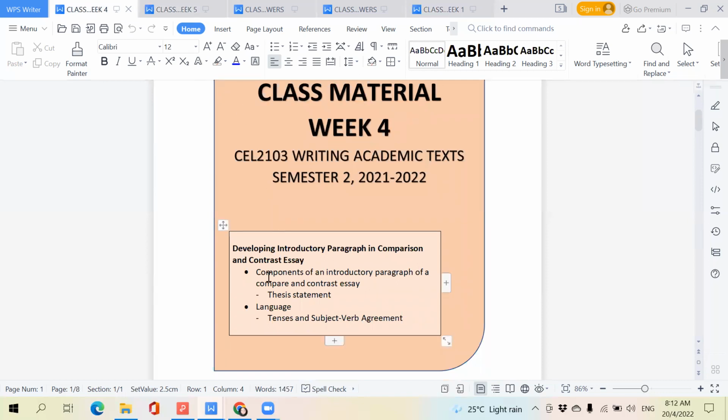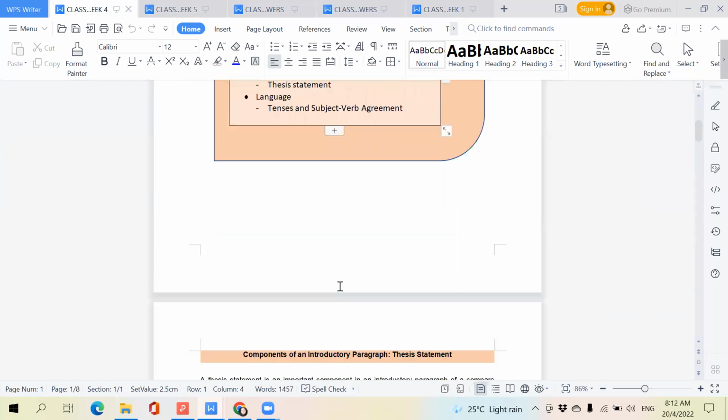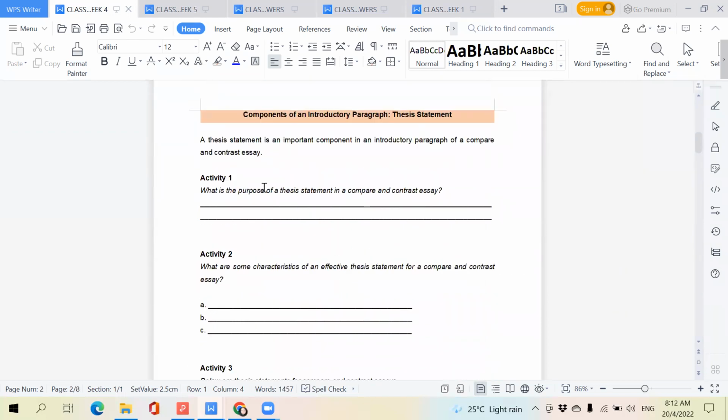Okay, so let's look at the final part of an introductory paragraph for a comparison and contrast essay, which is the thesis statement. So what is a thesis statement? A thesis statement is a very important component in an introductory paragraph of a compare and contrast essay.